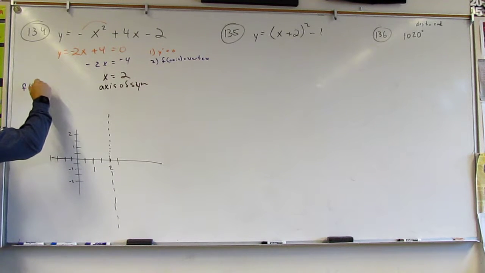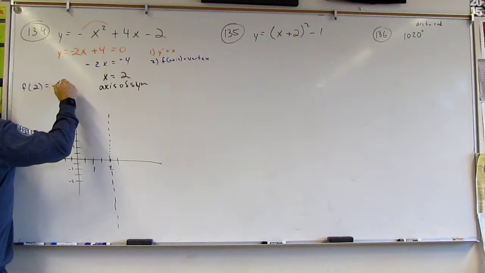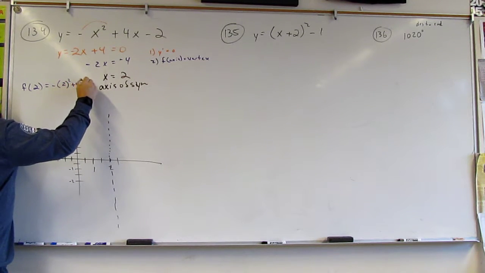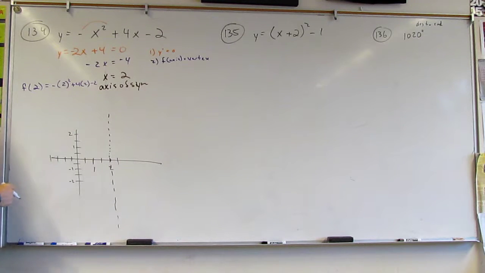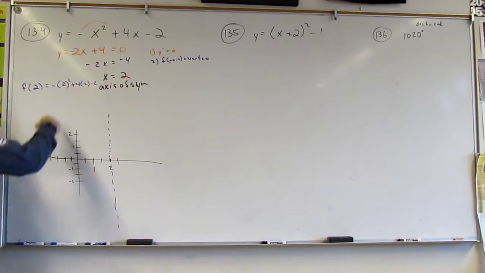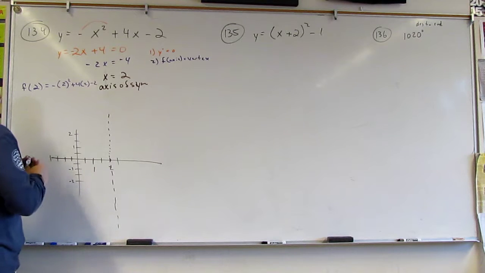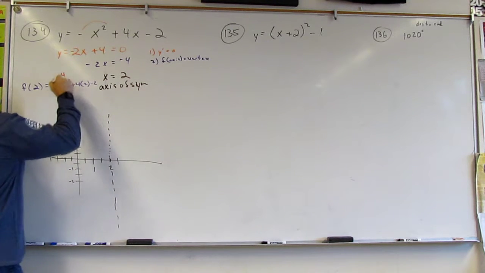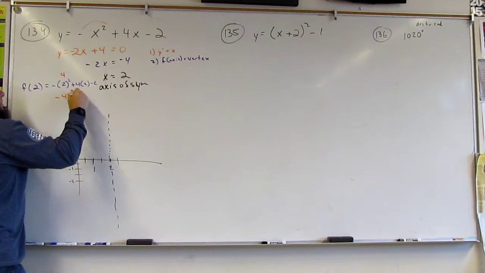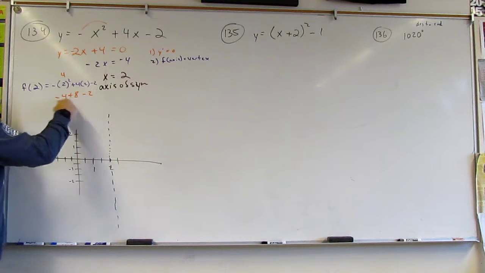So f of 2 is equal to negative 2 squared plus 4 times 2 minus 2. Then you just figure that out. 2 squared is 4, so it's negative 4 plus 8 minus 2. These should be halves.